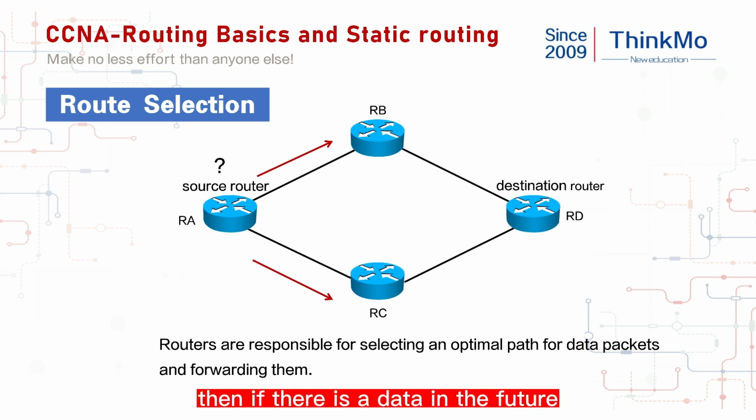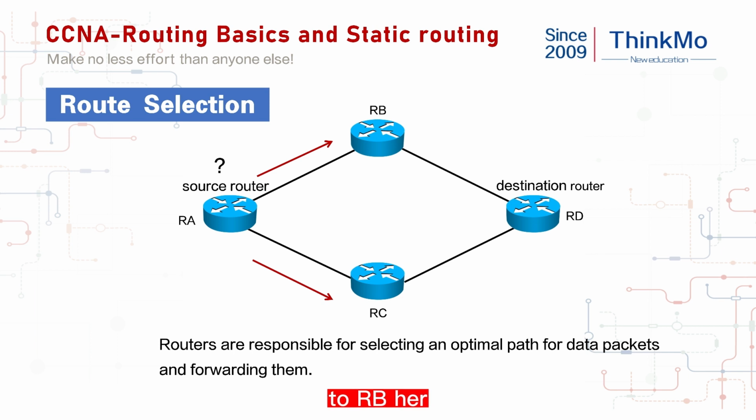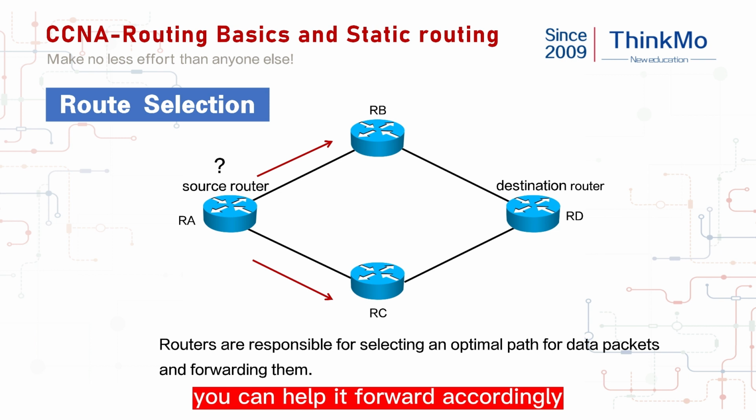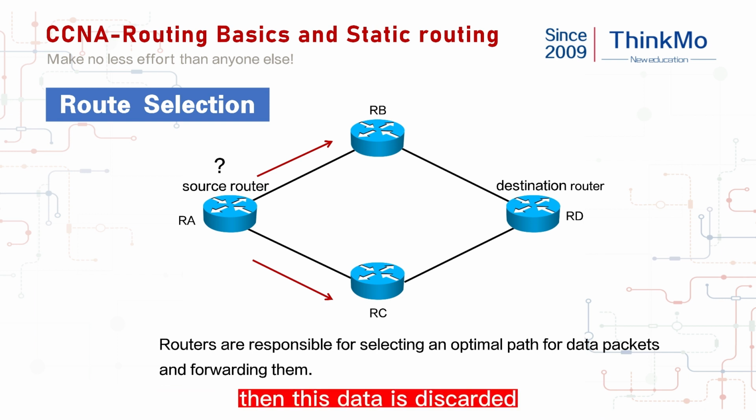Then if there is data in the future going to 1.1.1.1, it happens that there is 1.1.1.1 in the routing table, so you can help it forward accordingly. If the purpose of RA is to go to 1.1.1.1, but there is no 1.1.1.1 in the routing table, then this data is discarded. So this is called the destination network.